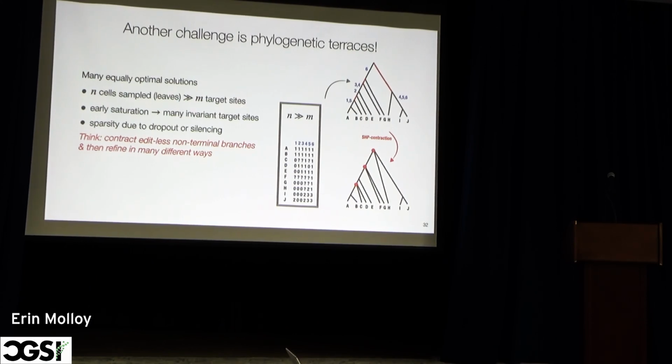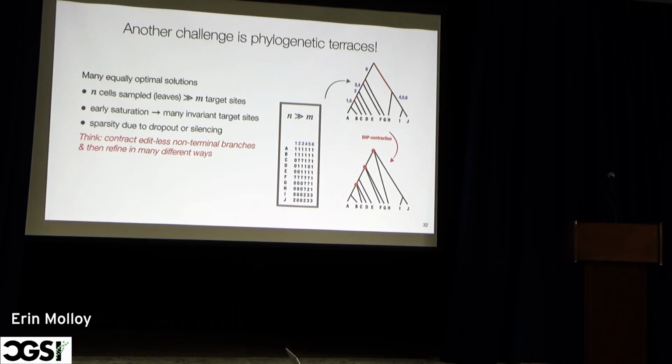And so typically you're going to have way more cells than you have sites, like these long, skinny matrices. Also, depending on the timing of how the Cas9 enzyme is introduced, all the target sites could saturate close to the root, and then a lot of your columns in the matrix aren't going to have many edits in them. They'll be invariant. And then if you have a lot of missing data, this is also going to make it hard to learn about the solution.